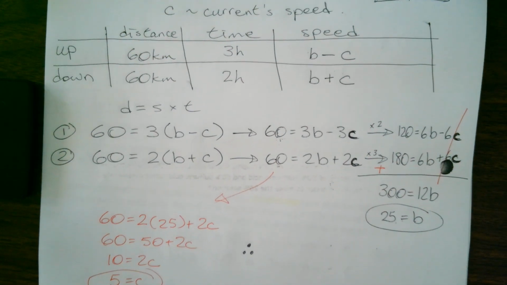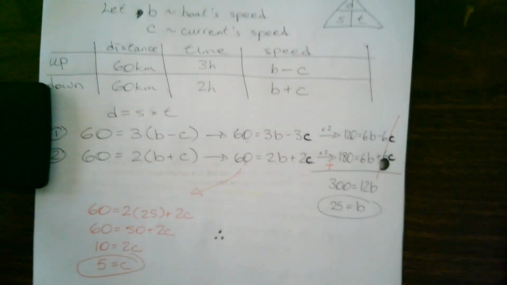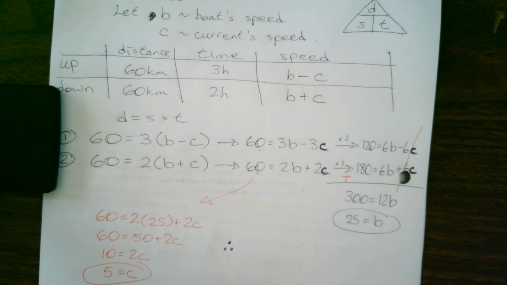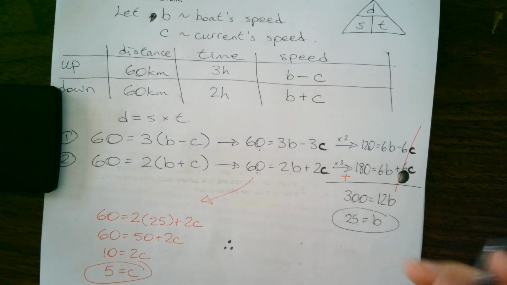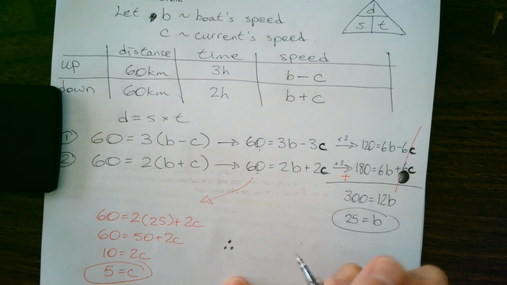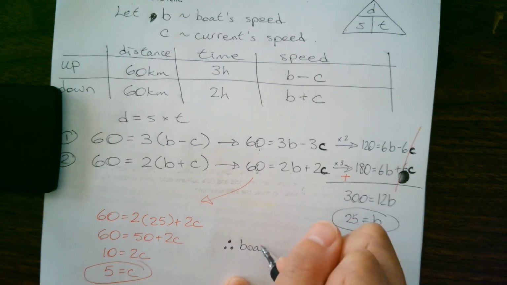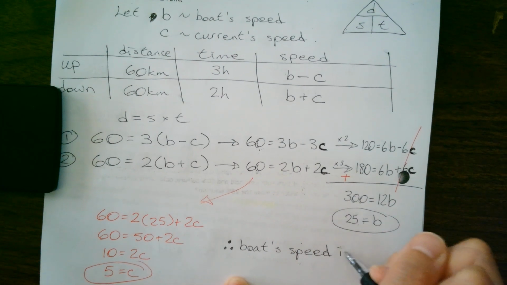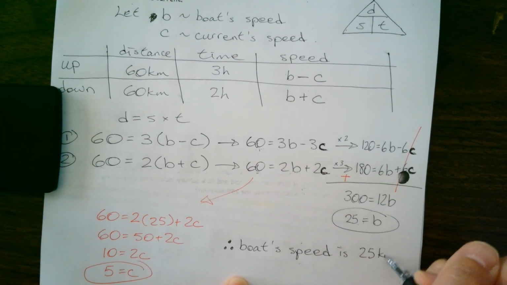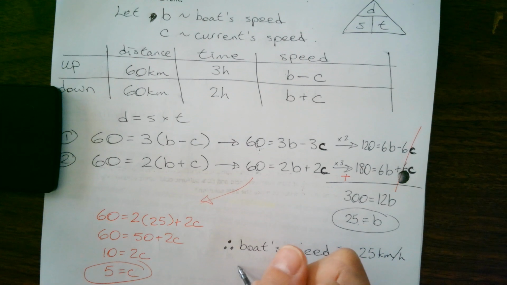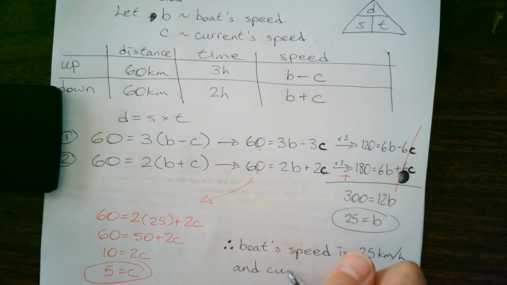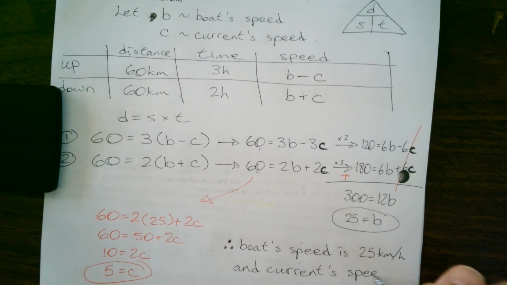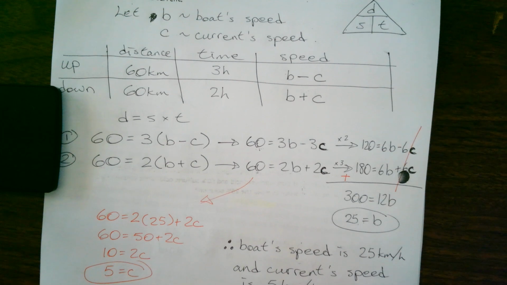Therefore, boat speed is 25 kilometers per hour and the speed of the current is 5 kilometers per hour.